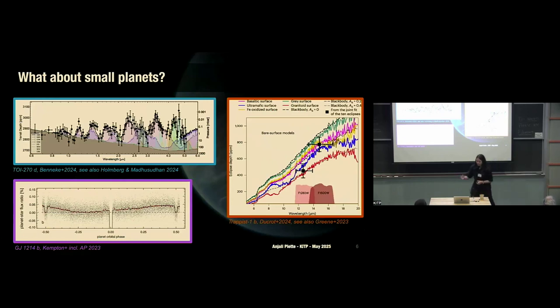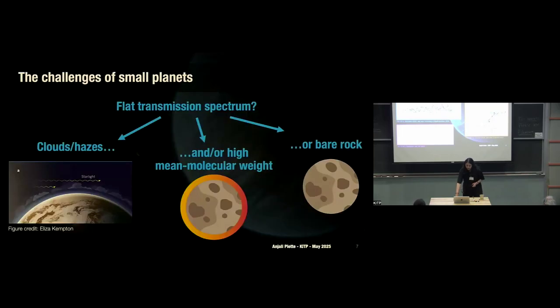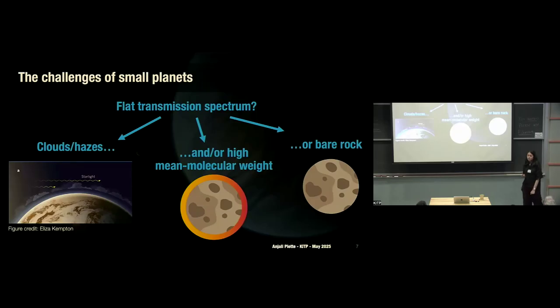So a bit of cool stuff from small planets, but let's be honest and realistic. Small planets are challenging. We already knew that. It's okay. And we've heard about a lot of flat transmission spectra that have been measured. And there's a challenge with these spectra, not only because we're not seeing specific chemical features, but also because they're very degenerate.